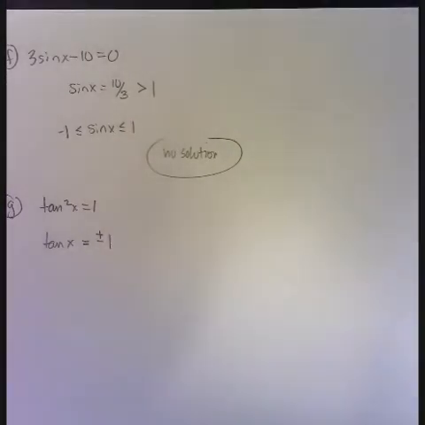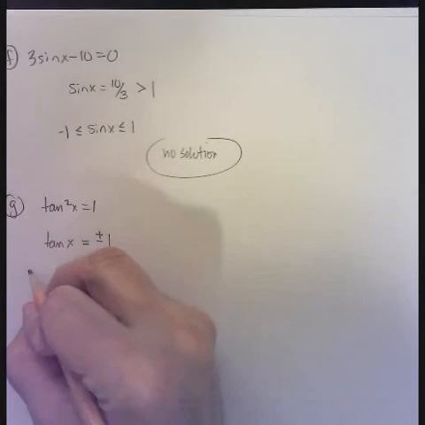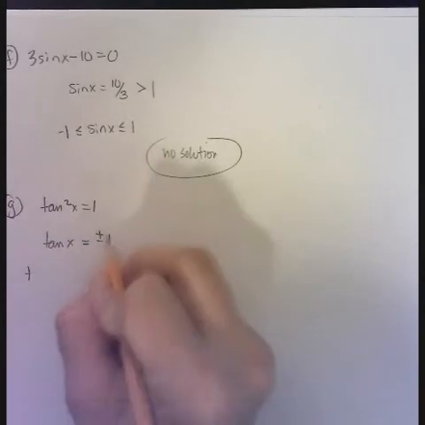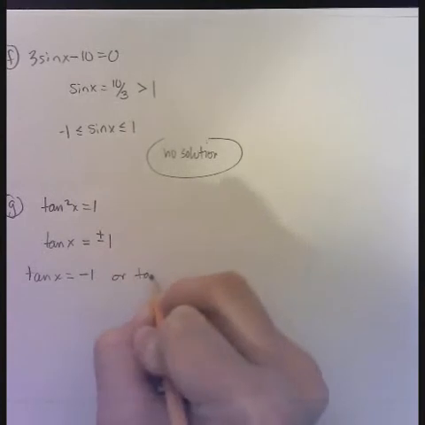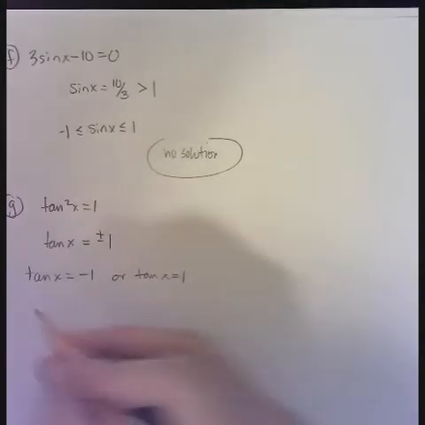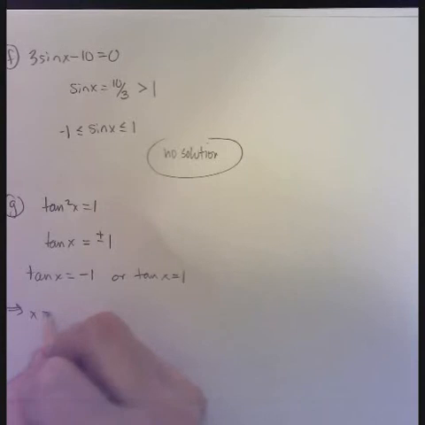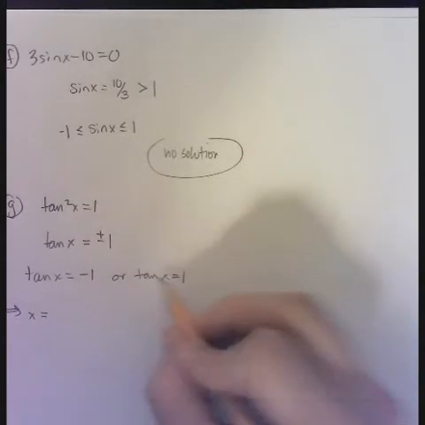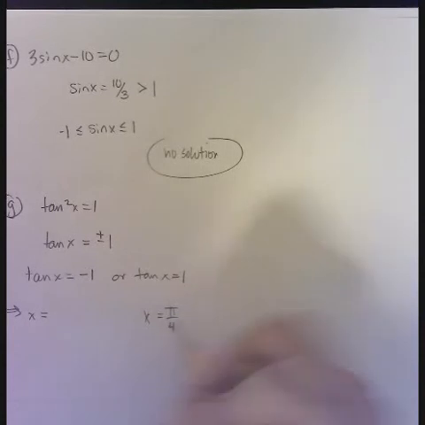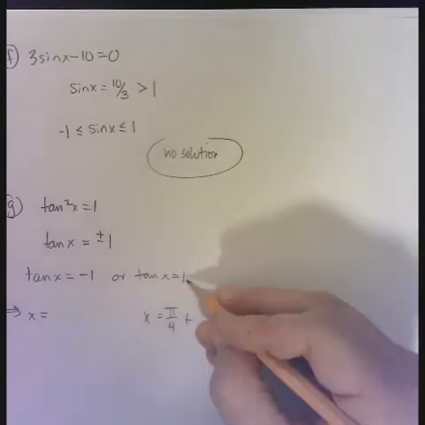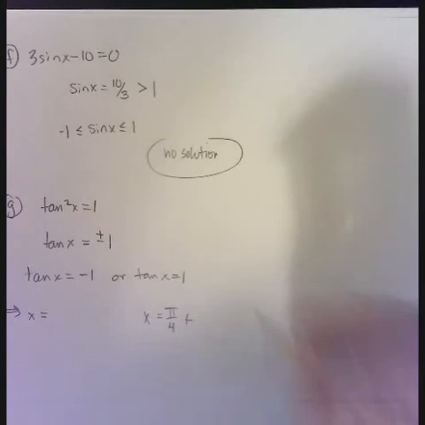This is short, you don't have to write this in, but it's short for tangent x is -1 or tangent x is 1. So let's do the positive one first. We get pi over 4, and then also in quadrant 3, 5 pi over 4. But since those are pi units apart, it's pi over 4 plus pi k.